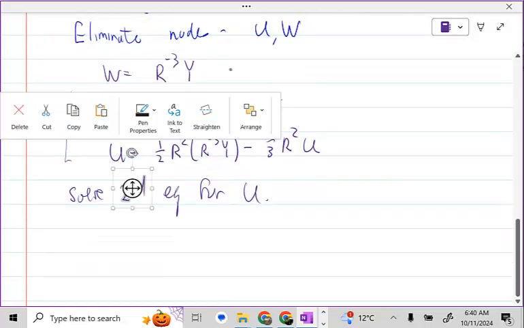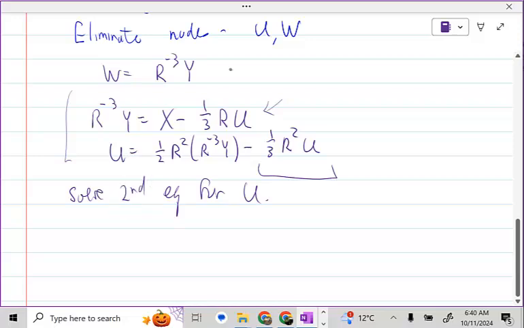I can take the minus 1/3 R squared U to the other side, so I have two terms: 1 plus 1/3 R squared operating on U is equal to 1/2. Now the R squared cancels two of those, so it equals 1/2 R to the minus 1 Y. Okay.